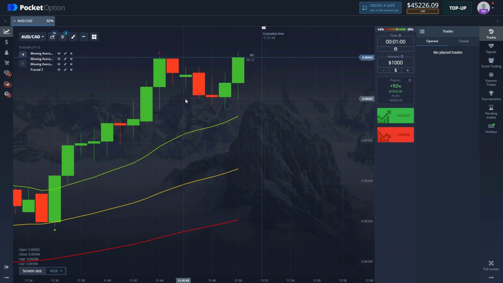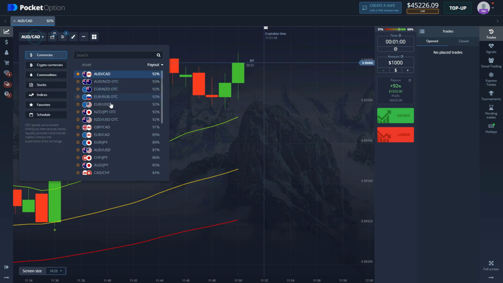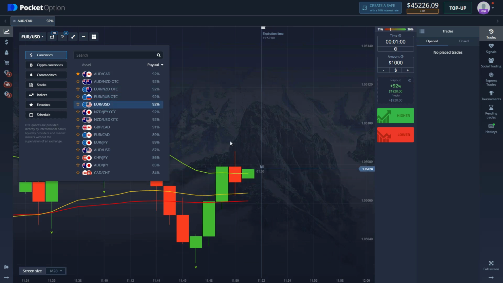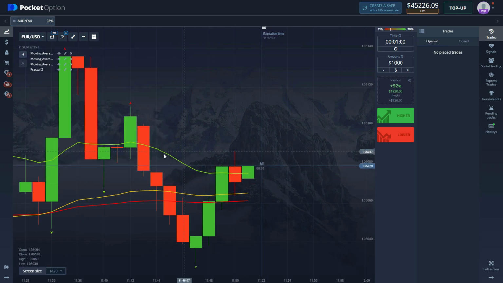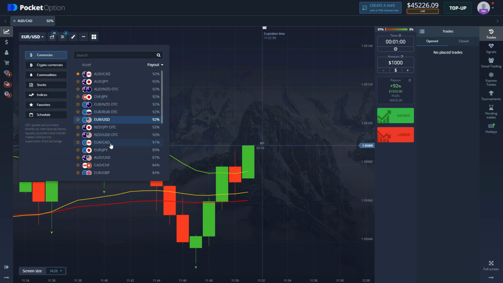That is pretty much it. So this is for short position. For long position, just like here you can see on the chart, it should be like this. But for short position, it should be the opposite. The green line should be below, then the orange line and the red line, and they should be parallel to each other.